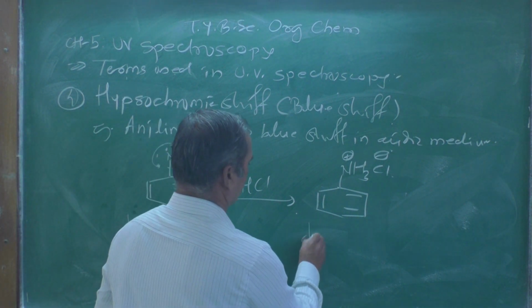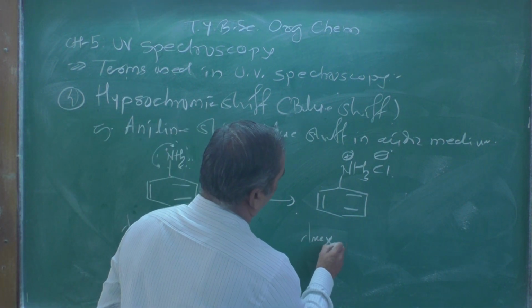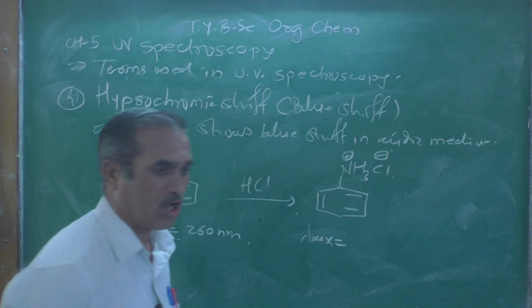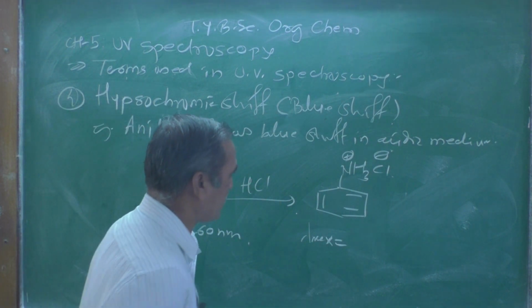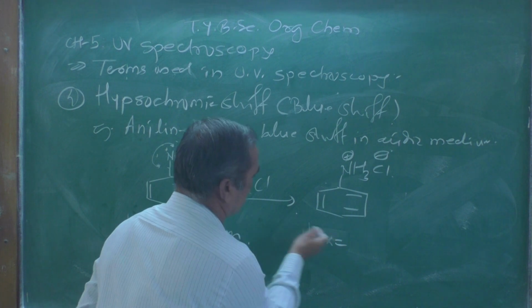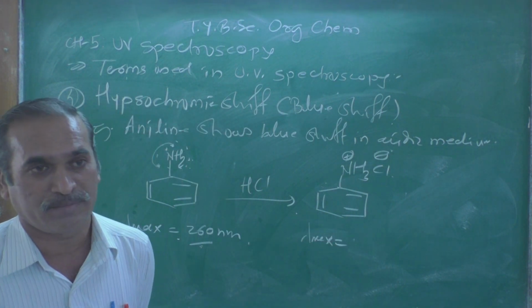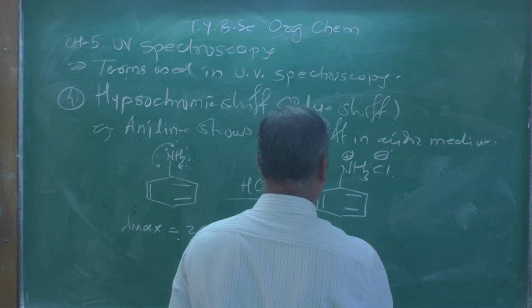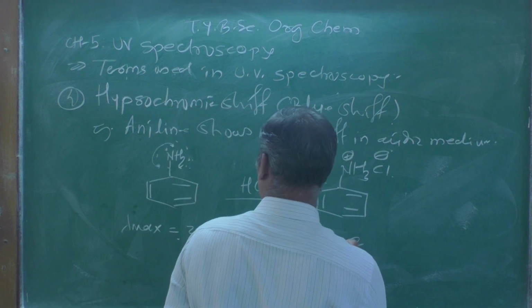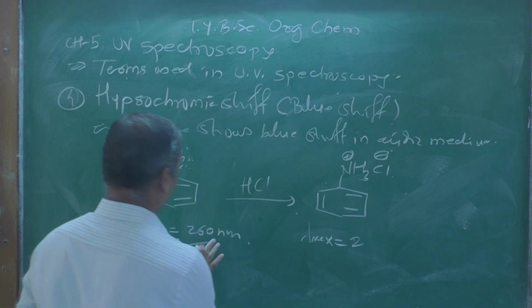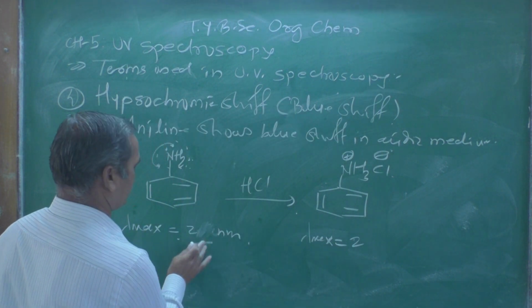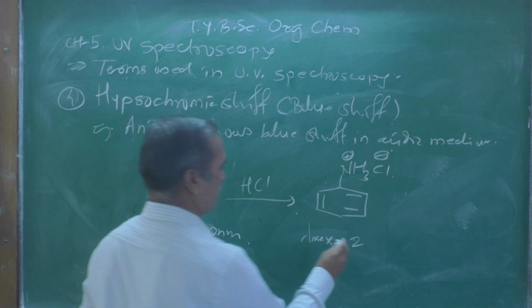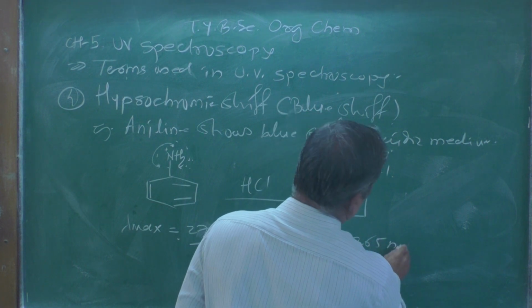Now tell me whether the lambda max was found to be greater than 260 or less than 260. It should be less than 260, so it is found to be, you can remember, 270 nanometer, here 265 nanometer.